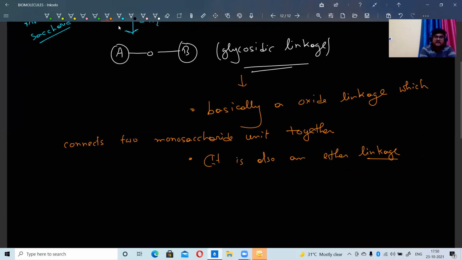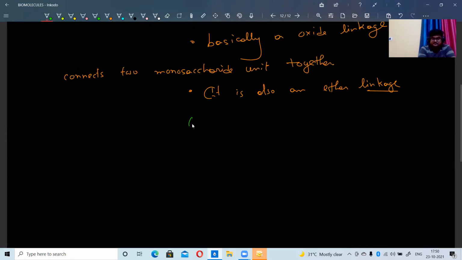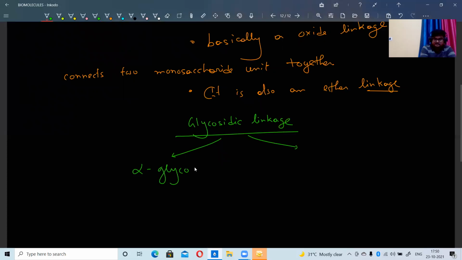Now, glycosidic linkage can be classified into two parts. One is the alpha glycosidic linkage, another is the beta glycosidic linkage.